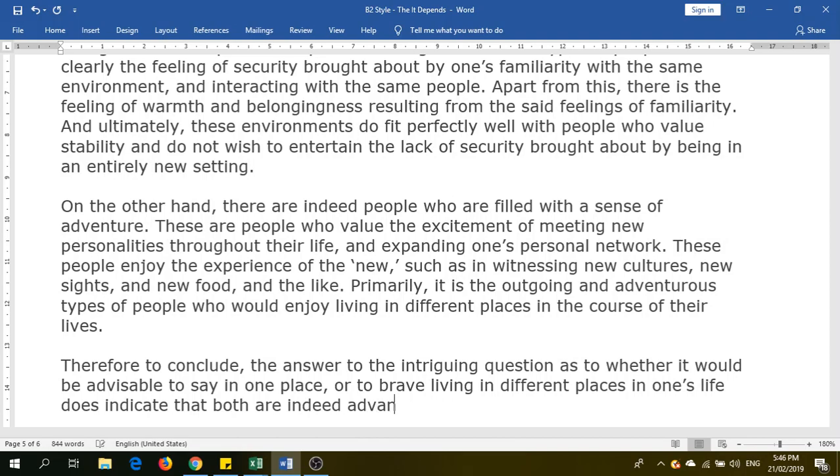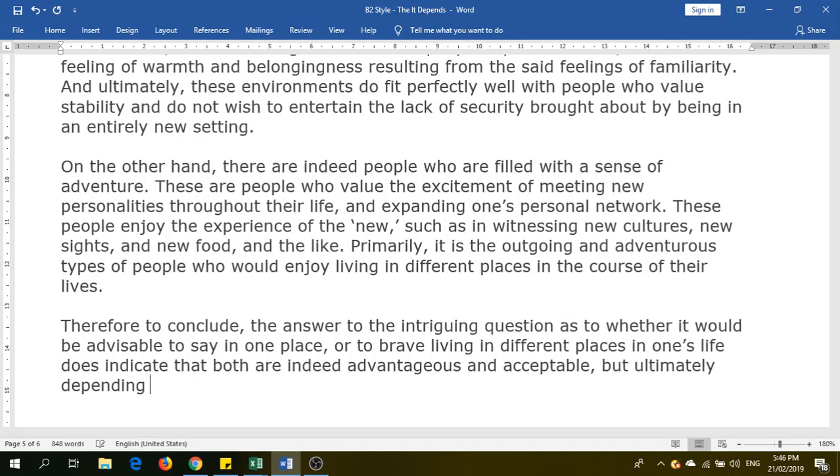Sorry about the spelling, advantageous and acceptable, but ultimately depending on the person's intrinsic traits and personalities. There you go.